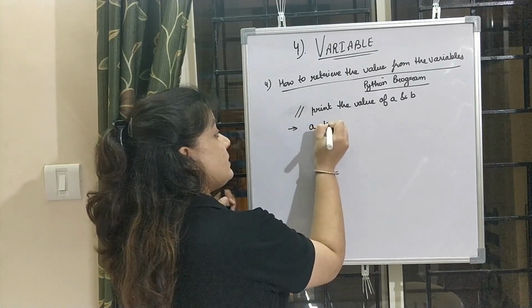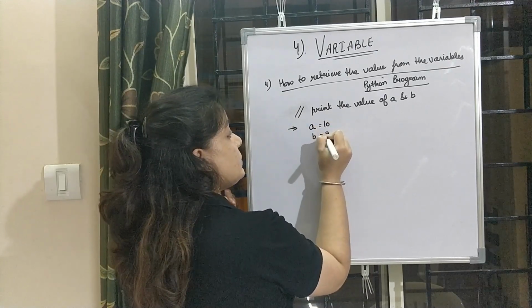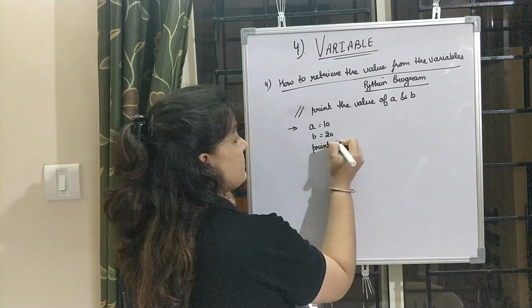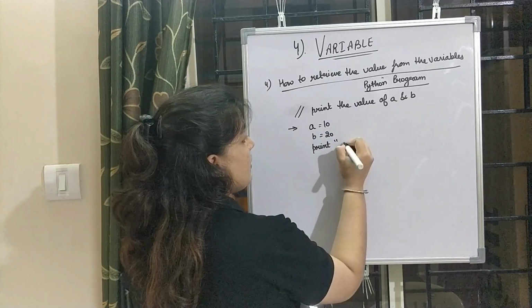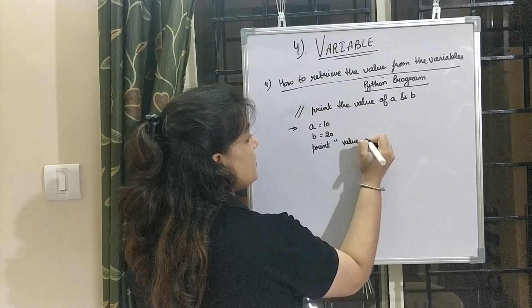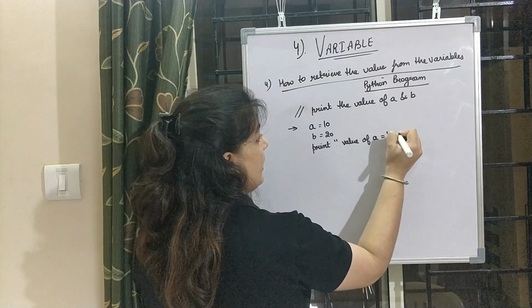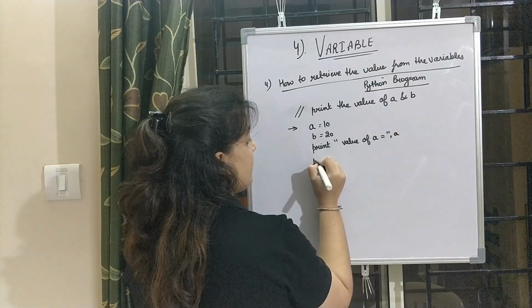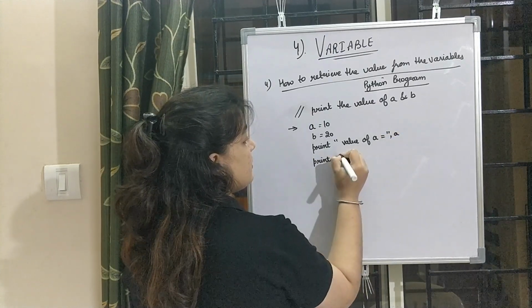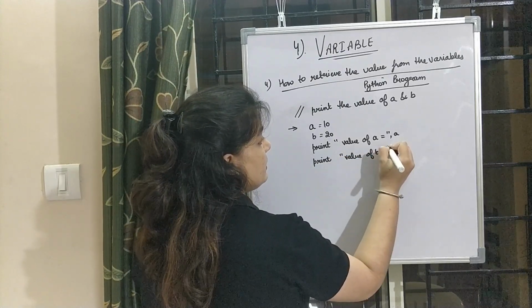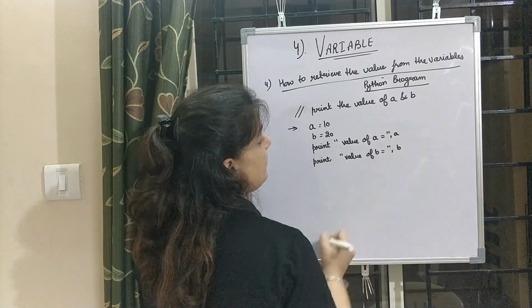a = 10, b = 20, then print "value of a is equal to", a, then print "value of b is equal to", b.